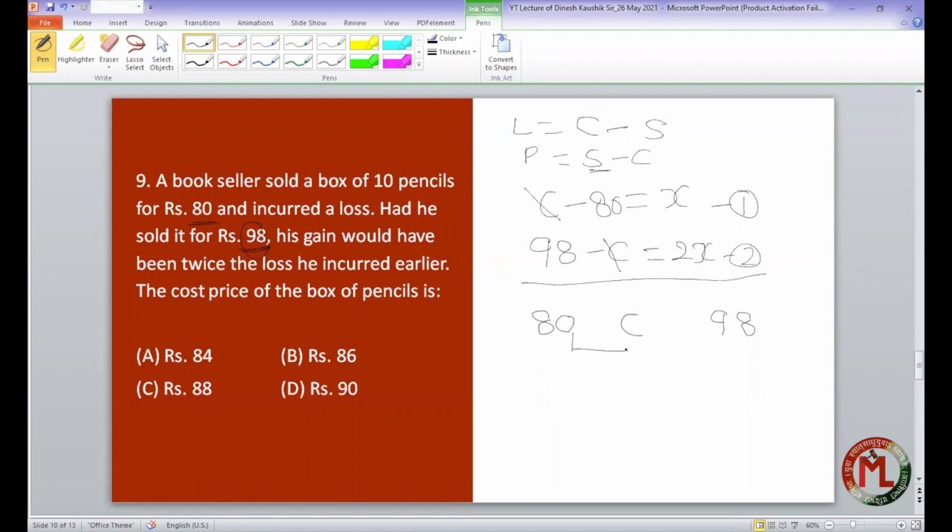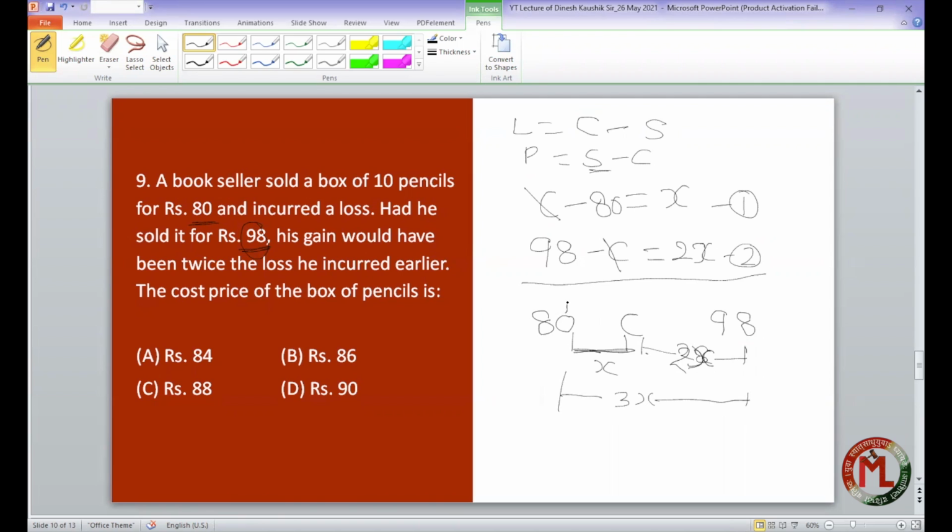So suppose this gap is X, then this gap should be double, because in the question it is given that the profit is double the loss incurred earlier. So can I say, my dear, the gap between 80 and C is X, the gap between C and 98 is 2x. So total gap is 3x.